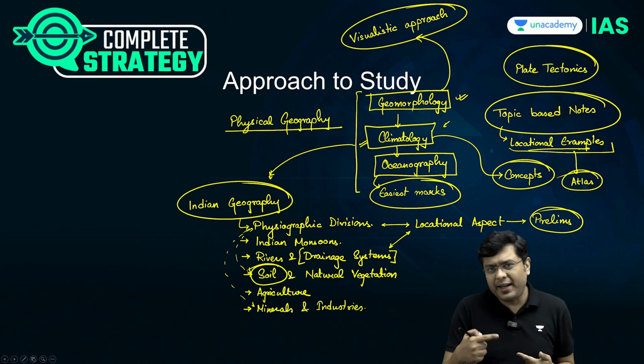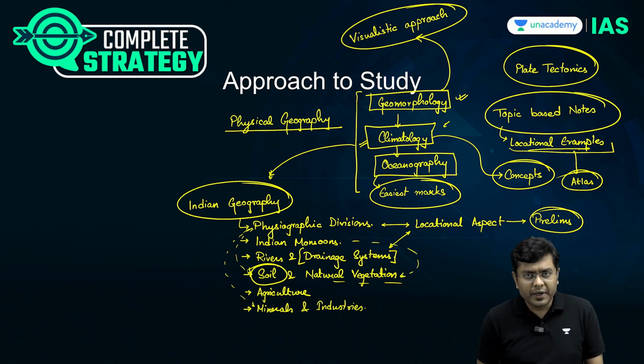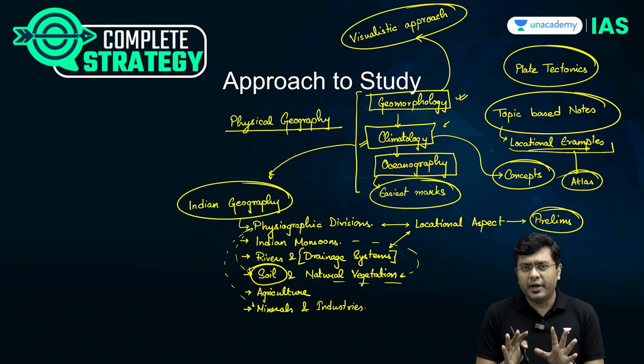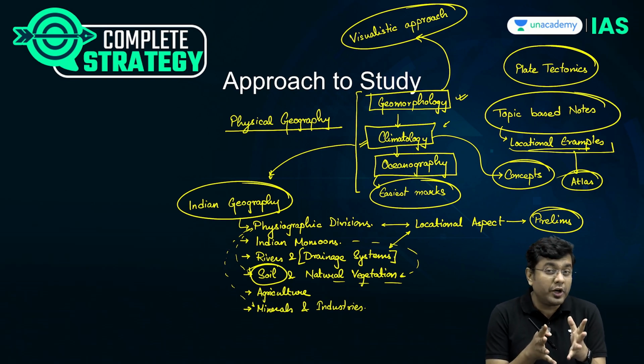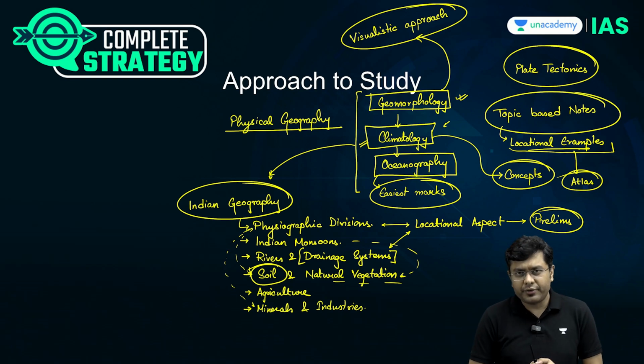You find these linkages. For example, natural vegetation, the kind of forest that you find, is a derivation of the amount of rainfall received in a region. So once you find these linkages, it becomes easier. The burden becomes lighter. Industrial location, the conditions required, industrial corridors, again a derivative of current affairs.